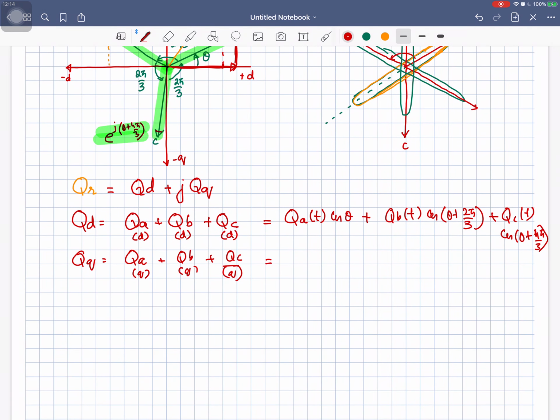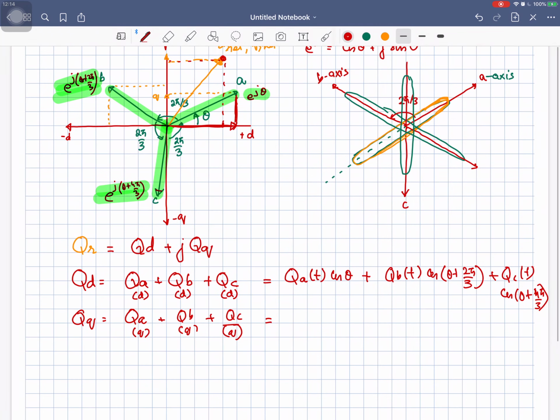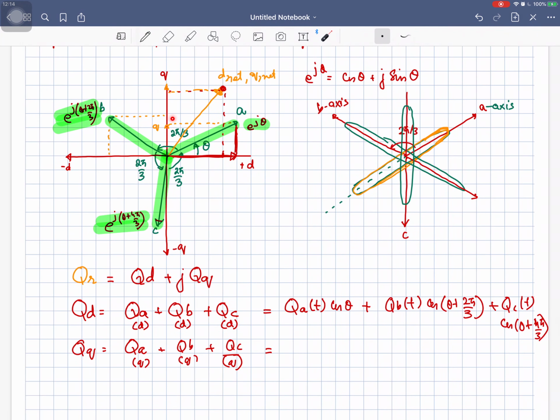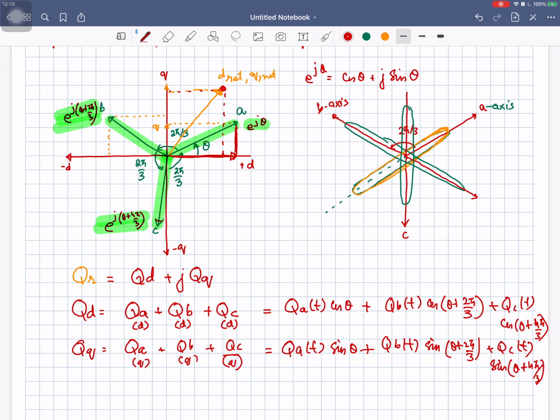Similarly, the net projection along the q axis can be calculated like this: Q A into sine of theta, plus Q B into sine of theta plus 2 pi by 3, plus Q C into sine of theta plus 4 pi by 3.